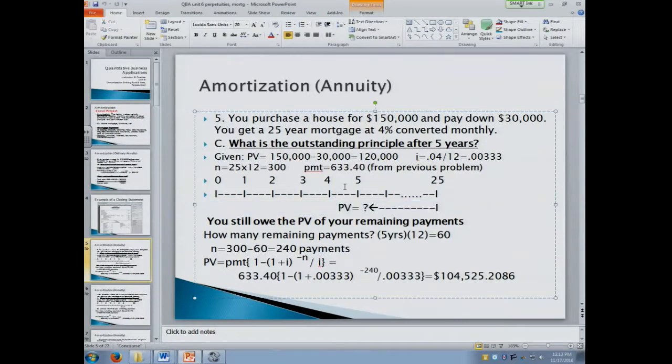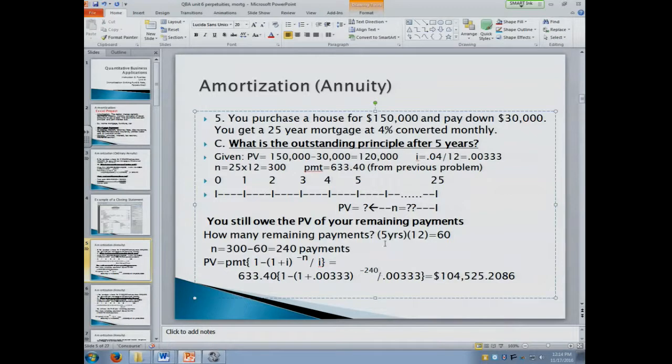In order to find the present value at 5 years, you have to find out how many payments are remaining. In other words, what N is. What is N for the remaining?